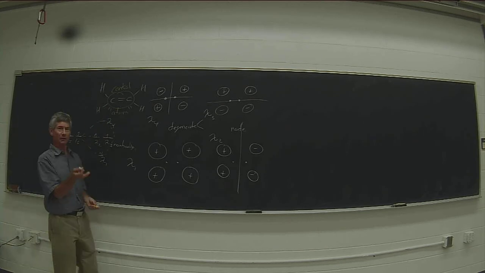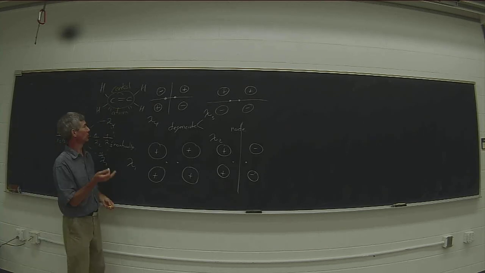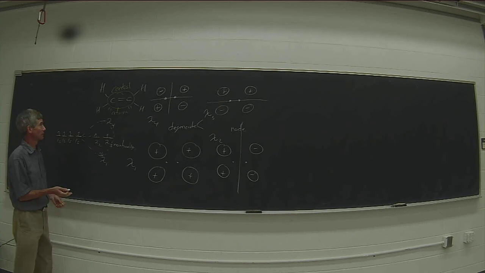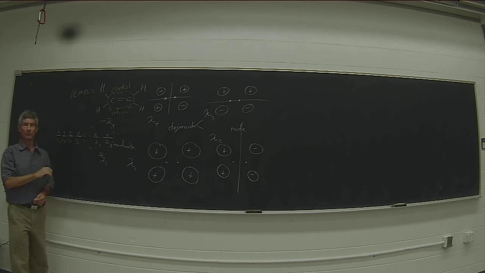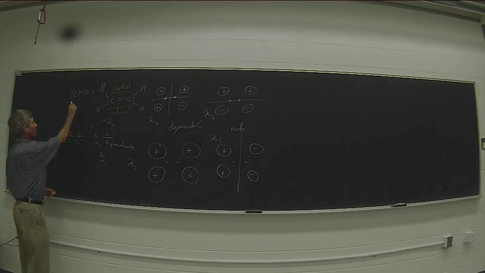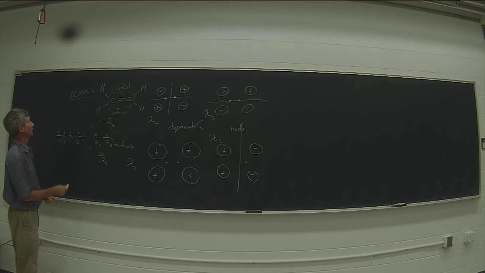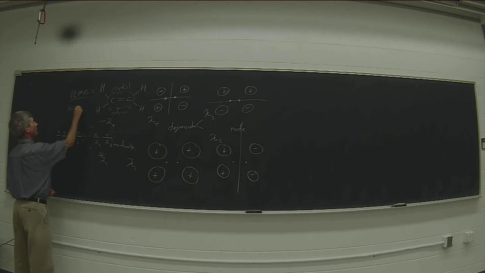So we can think about how many possible molecular orbitals there can be, and they have to be 12. Because there are 12 atomic orbitals, we have to make 12 molecular orbitals. 10 of those are in plane, and 2 have pi symmetry.